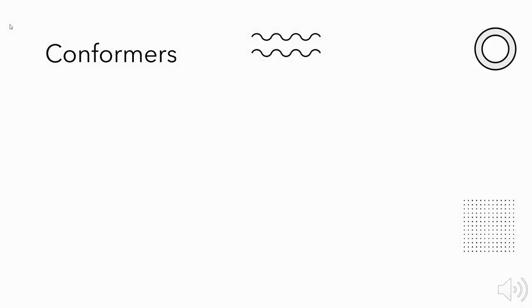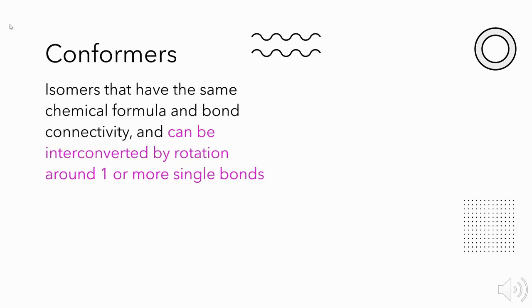Before we talk about what stereoisomers and diastereomers are, we're going to talk about what they aren't, and what they aren't are conformers. Conformers are isomers that have the same bond connectivity sequence and can be interconverted by rotation around one or more single bonds.